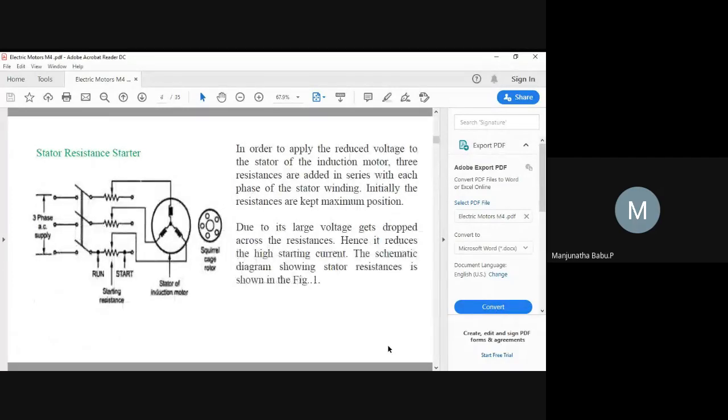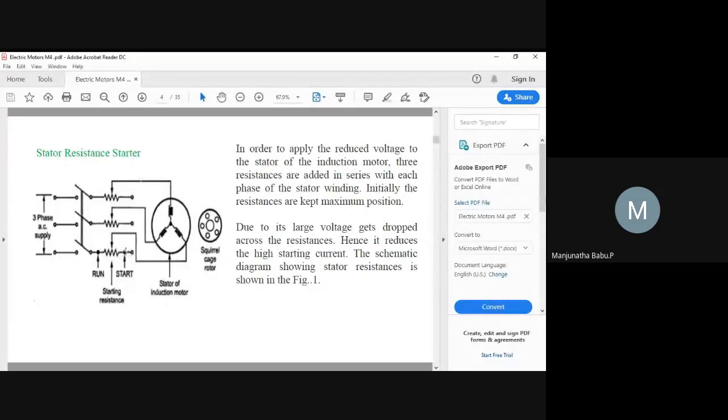In the case of the stator resistance starter, if you see here near the supply, we are connecting three resistances to the 3-phase system, which is connected to the stator of an induction motor. To reduce the voltage, the resistance has been added in series with the circuit. Initially these resistances are in maximum position, so the variable resistance will be maximum during starting.